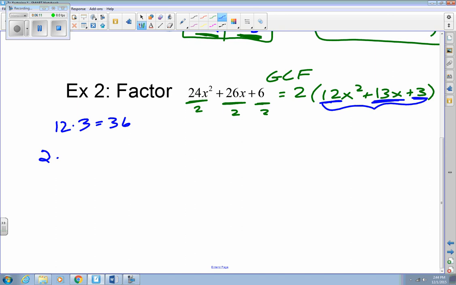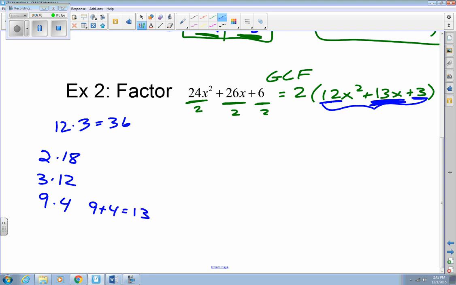That adds up to 20. 3 and 12. That'll add up to 15. So in the end, it'll be 9 and 4. 9 times 4 is 36. 9 plus 4 is 13, and that's what we're looking for, what's in the middle term.